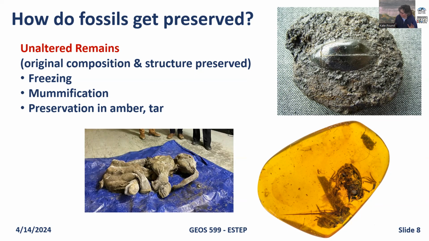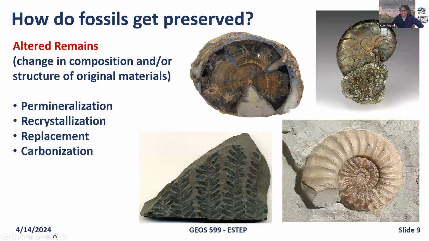I haven't gone there, it's on my list, but essentially organisms fall into an area where there's some kind of oil seep, and that allows for preservation of them. So we've now looked at unaltered remains. Now we're going to think about altered remains.